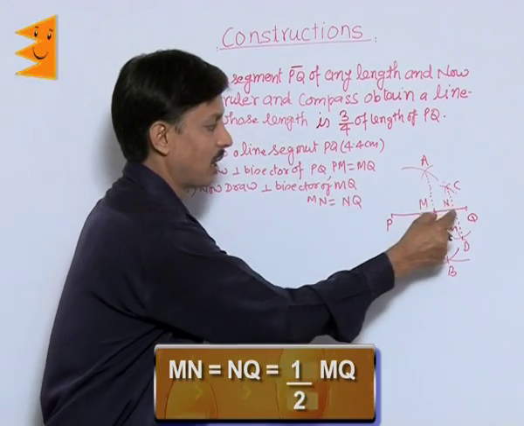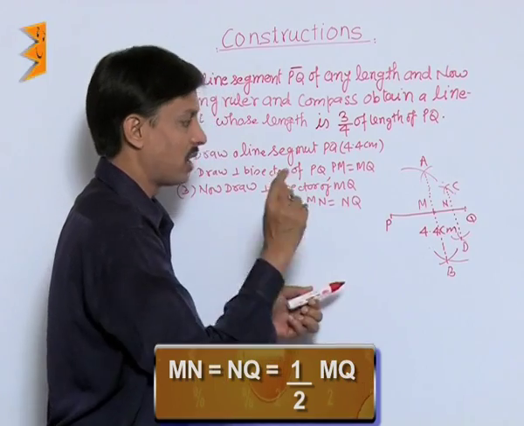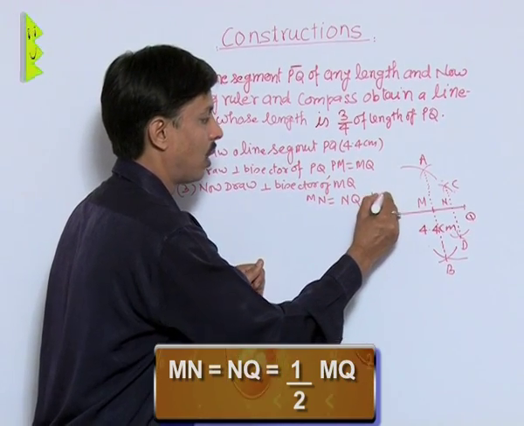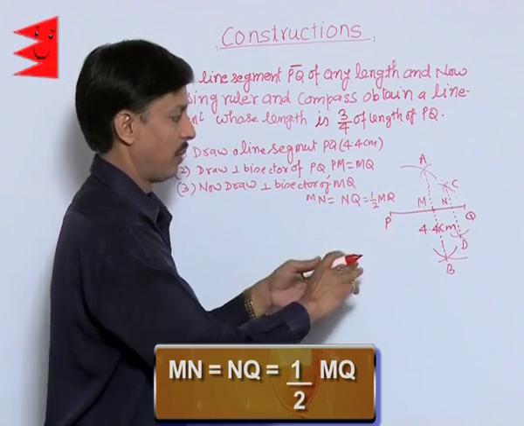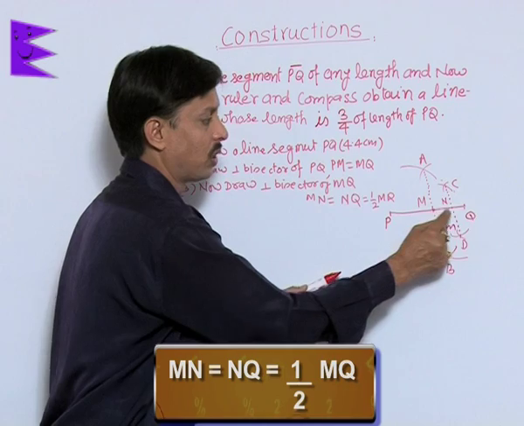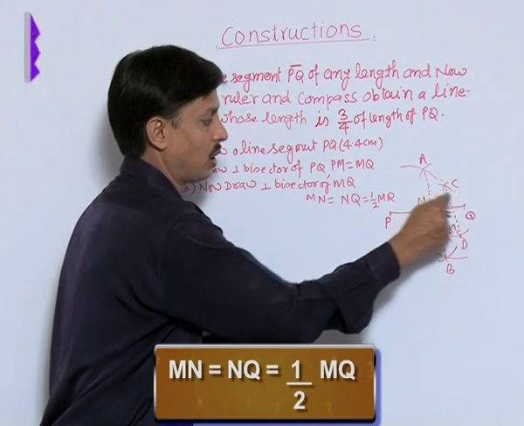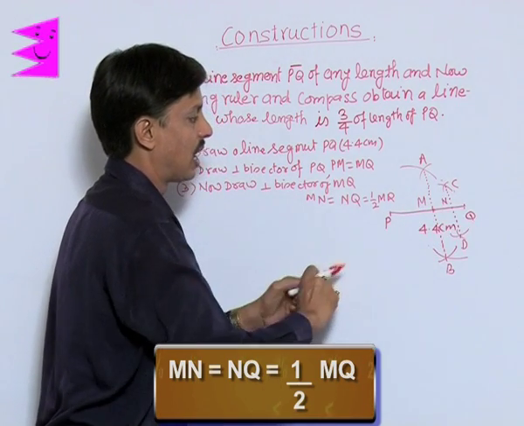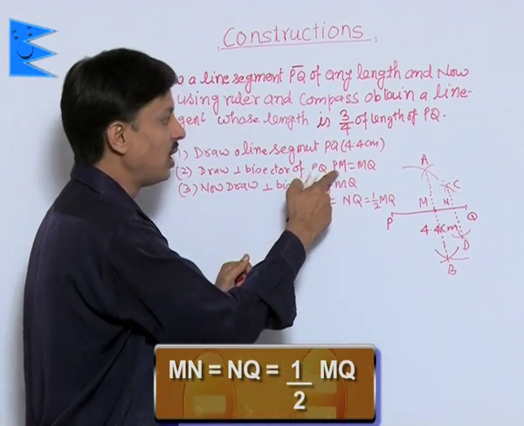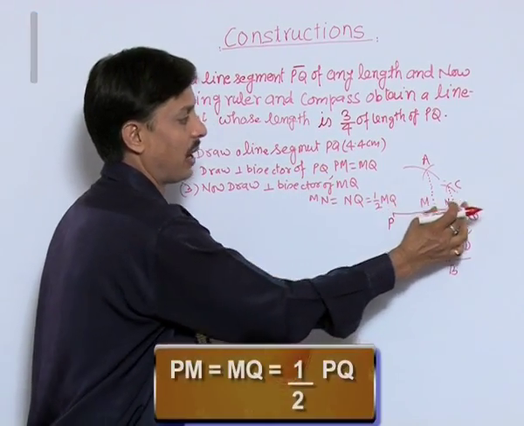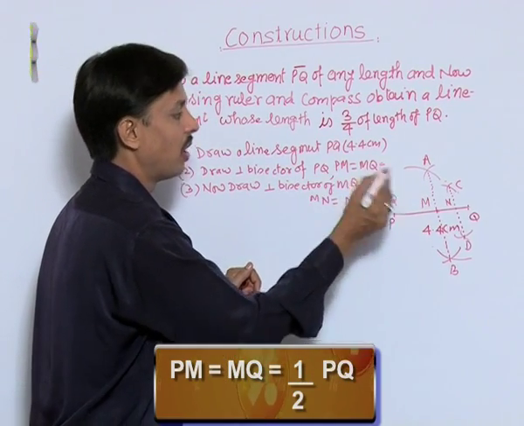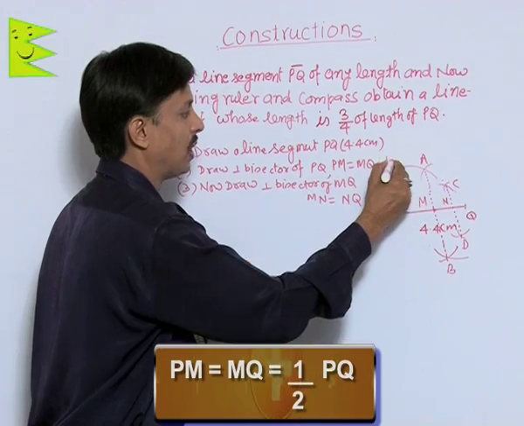So these line segments MN and NQ are equal, and both are half of MQ, because I have drawn the perpendicular bisector in the second case of MQ. Similarly, here you can say PM and MQ are equal. So PM is equal to MQ is equal to half of PQ.